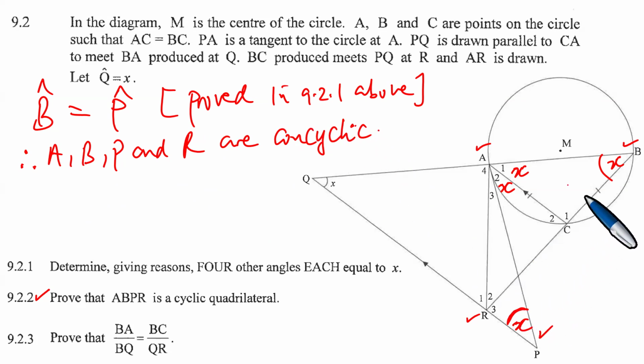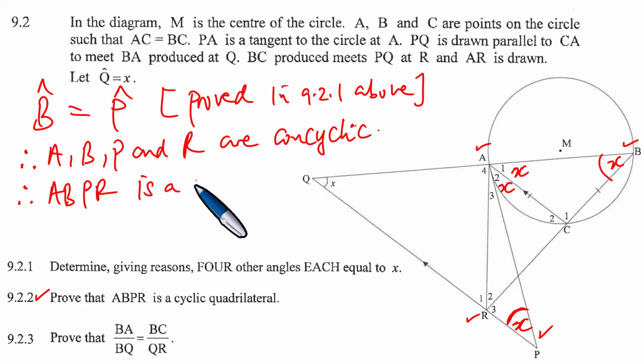In other words, these points lie on the circumference of a circle. They're concyclic points on the circumference of a circle. And therefore, we make the following conclusion: ABPR is a cyclic quadrilateral.